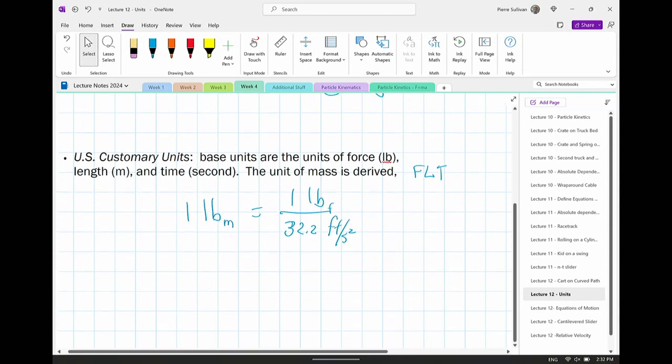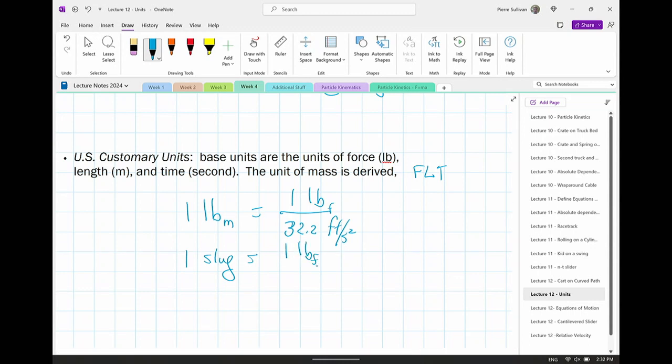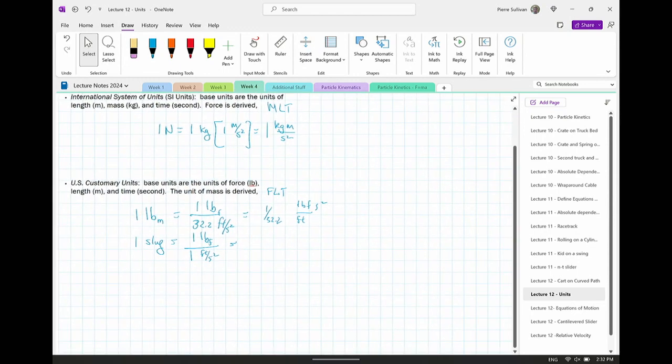And if I go to British gravitational units, I get 1 pound force divided by 1 foot per second squared, which equals 1 over 32.2 pounds force per feet second squared.